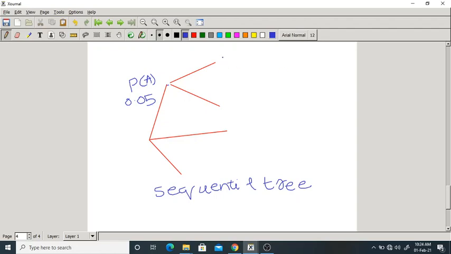The probability of B given A, and the probability of B complement given A. If there is an aircraft, the radar may register its presence, or the radar may not register its presence.